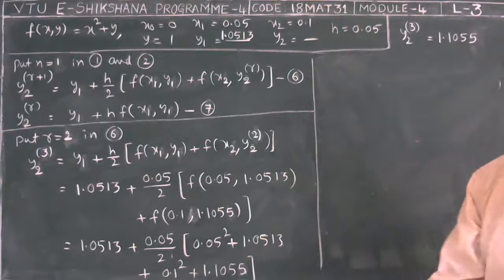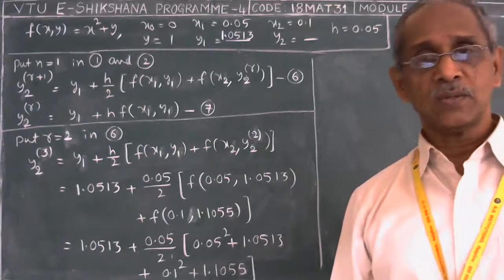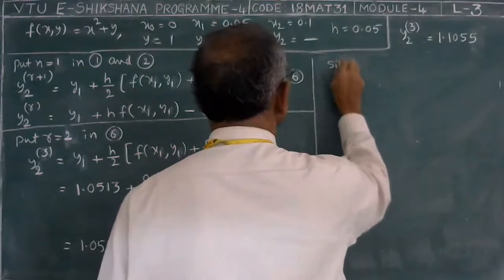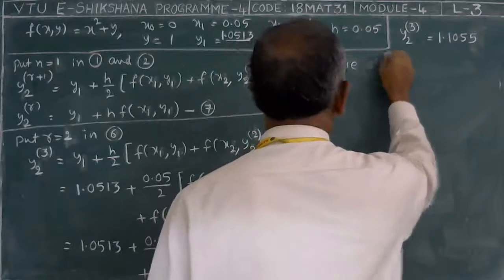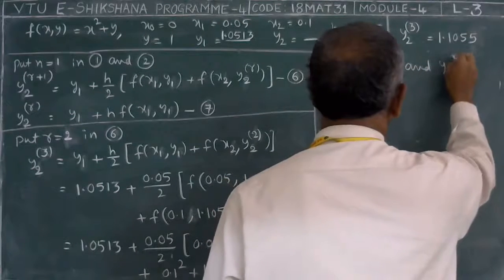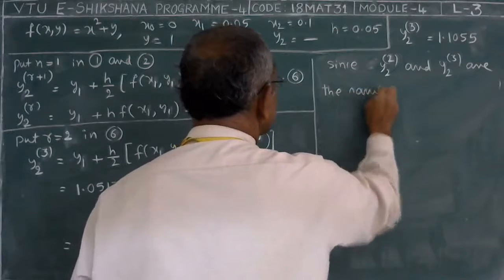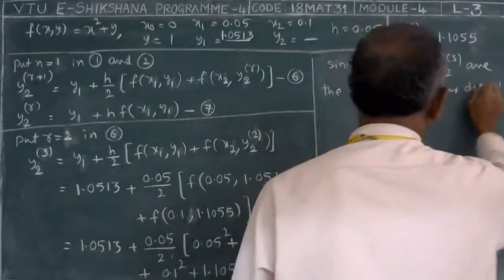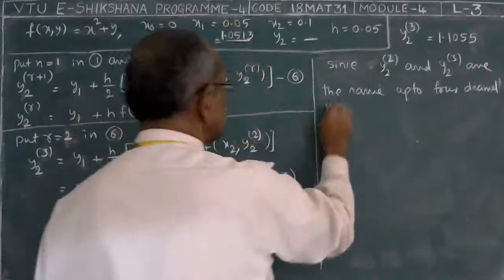Since the two successive iterates, second and third, coincide, we conclude that the value of y at x equal to x2 is 1.1055, since y22 and y23 are the same up to four decimal places.